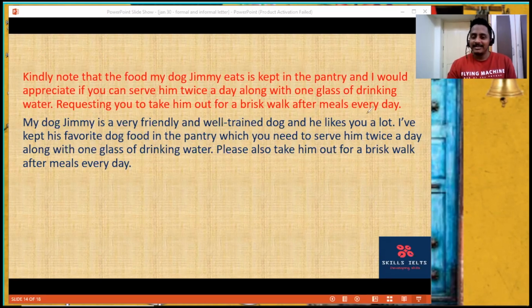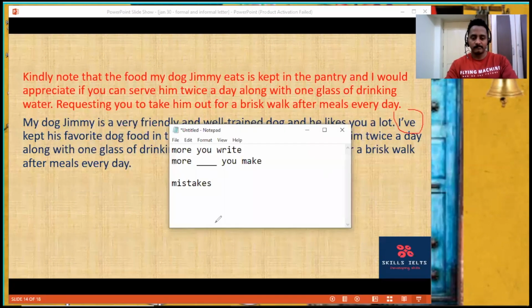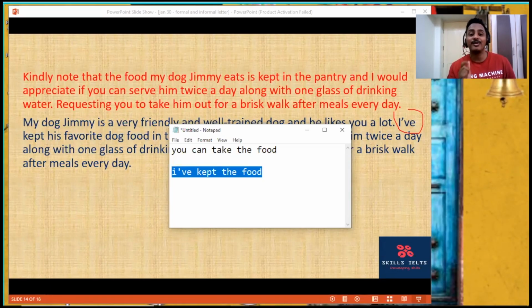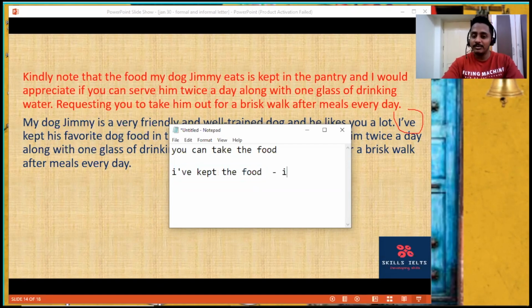I have kept. See here, this is exactly what I'm talking about. These minor things. You can take the food, or I have kept the food. Both are same, but this one is helping you use a contraction. Thereby, you're using informal. It's very small things. You have the opportunity to make it informal.